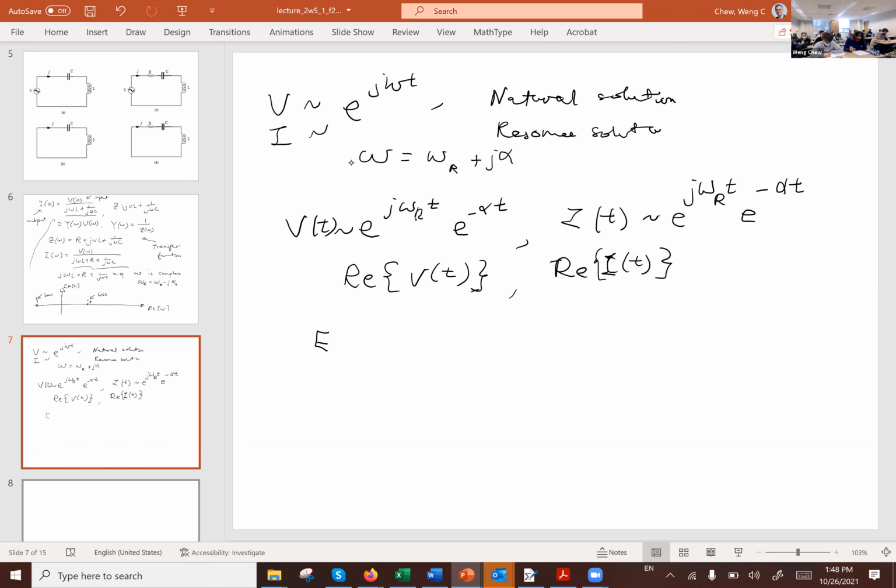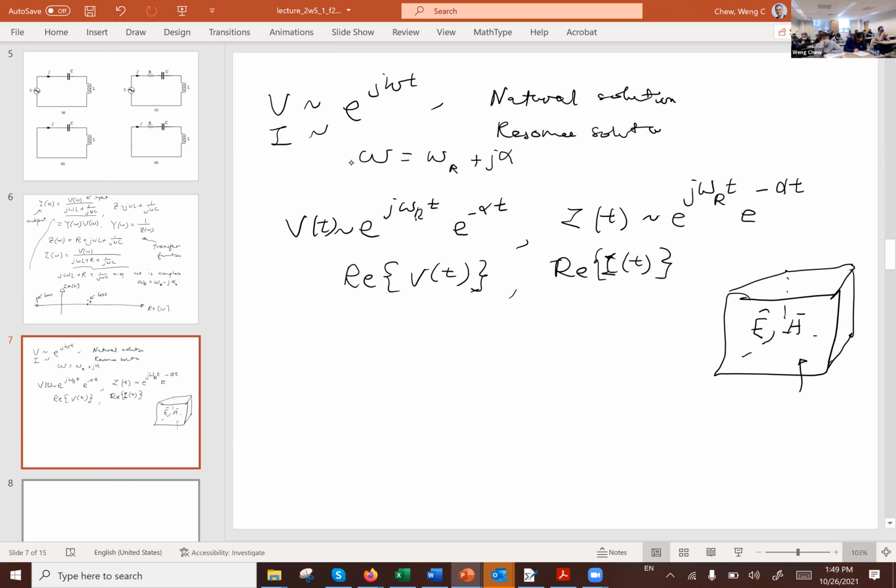So if I have a cavity, and if I have E field inside and H field inside, and there are some losses in the cavity, and those losses can come about in a number of ways. Okay, one way that the loss can come about is having wall loss. And those are also called copper loss, because in the past they used to make a good cavity with copper.